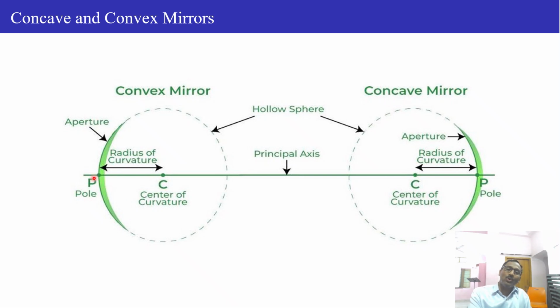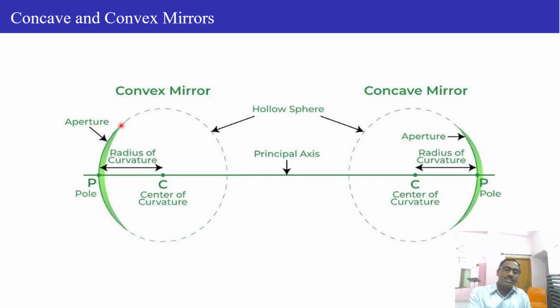From the pole to the center of curvature. We say this is the center of curvature. This is a curved mirror, right? So the distance between the pole and the center of curvature is known as the radius of curvature.